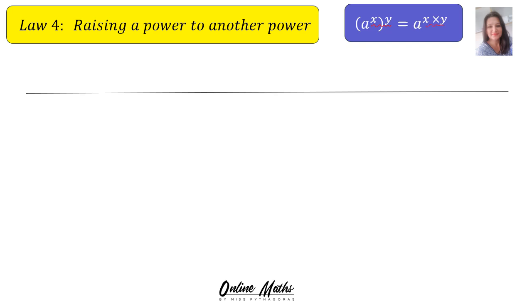Now, there's a reason, a proof for this. Let me show you. When I give you the little expression a squared to the 3, that one means a to the 2 times a to the 2 times a to the 2. And then law 1 says when you multiply and bases are the same, we add exponents.